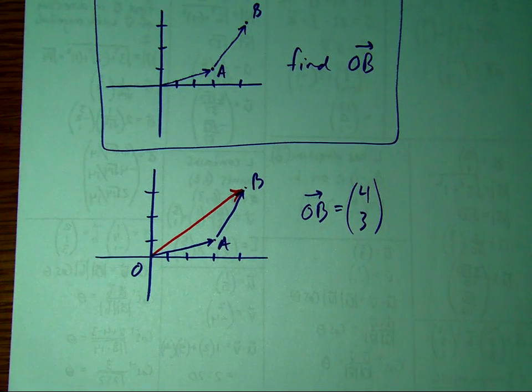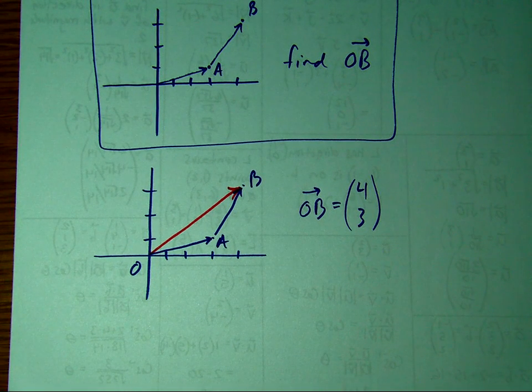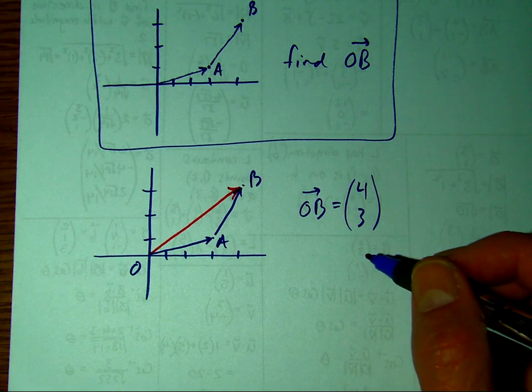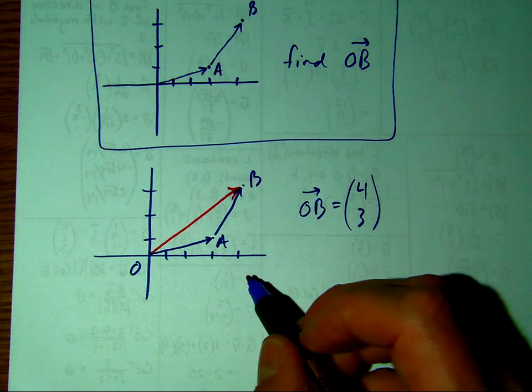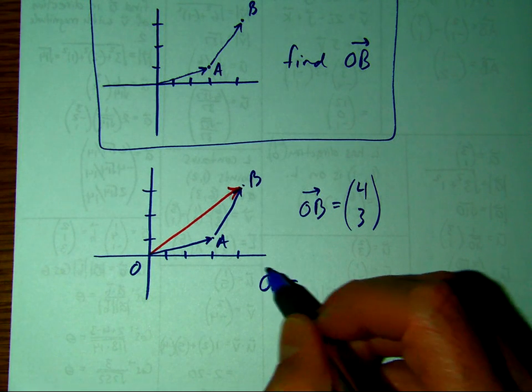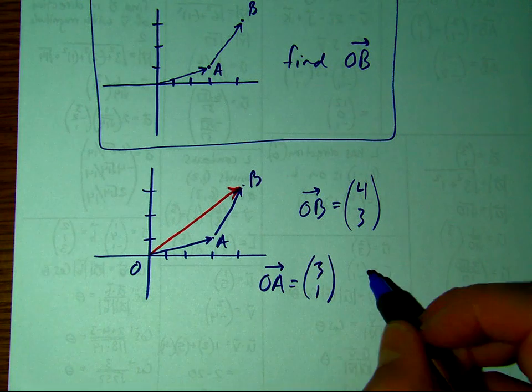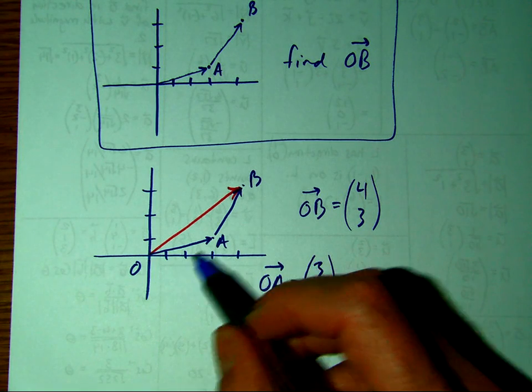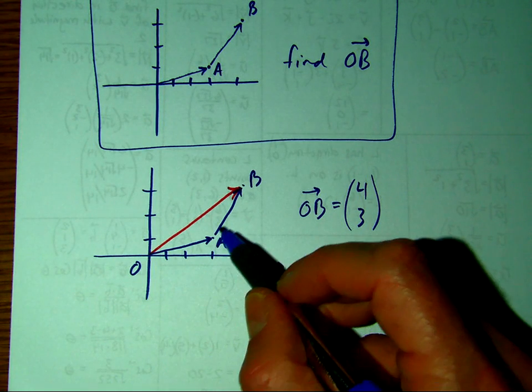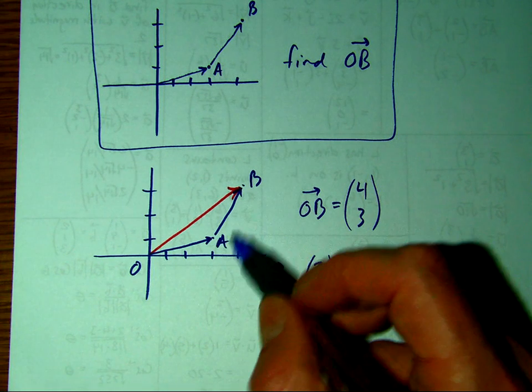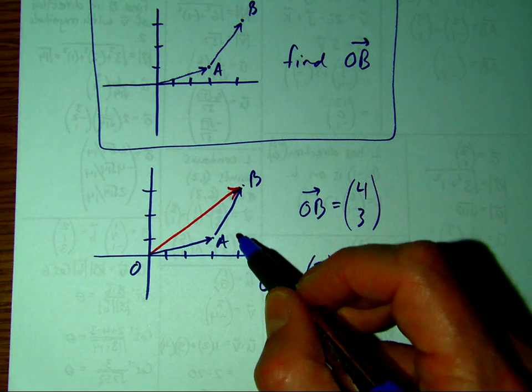But we can do this with an equation also, and if we say that OA is 3, 1, and AB, A to B, is 1, 2.